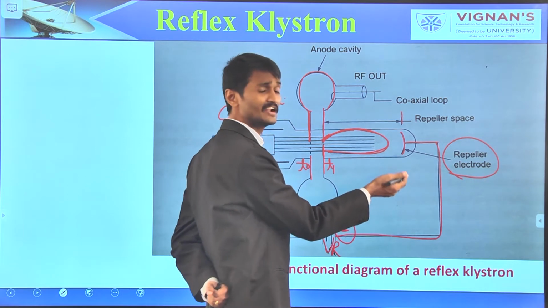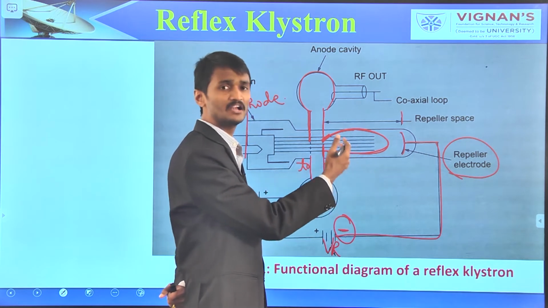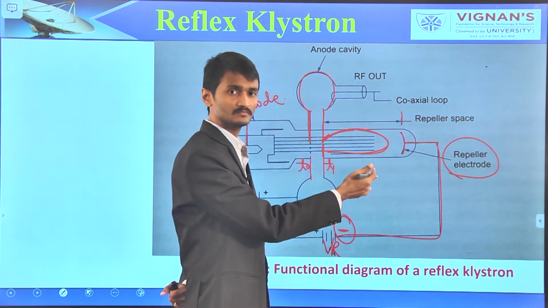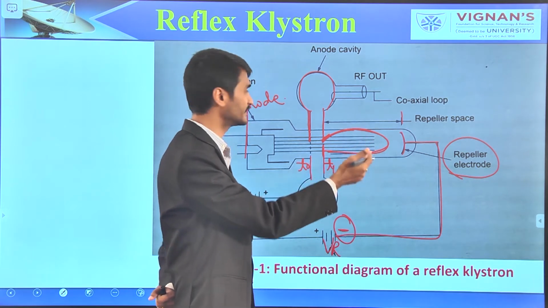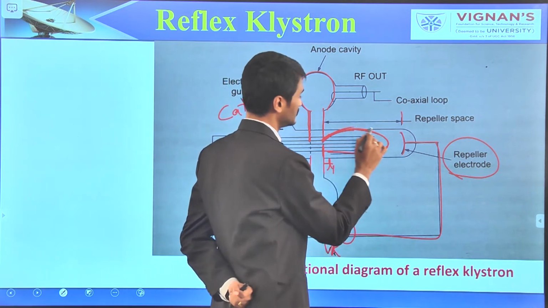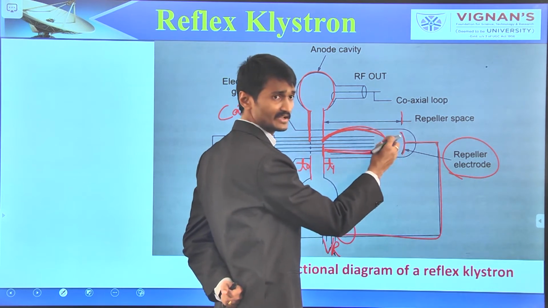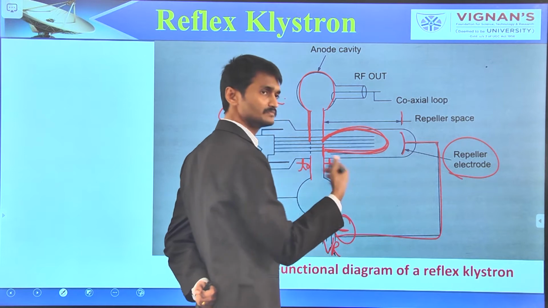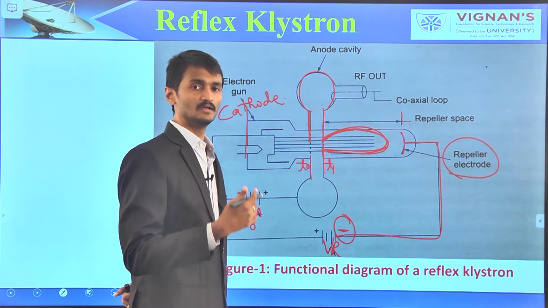Electrons always carry negative charge and repel each other, and there are early electrons, the reference electron, as well as late electrons.